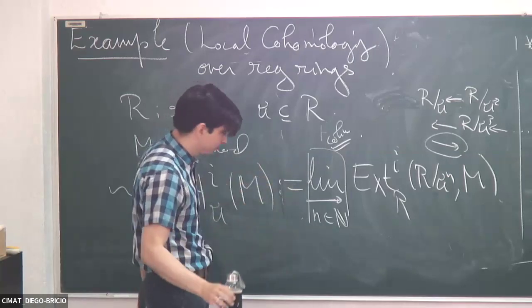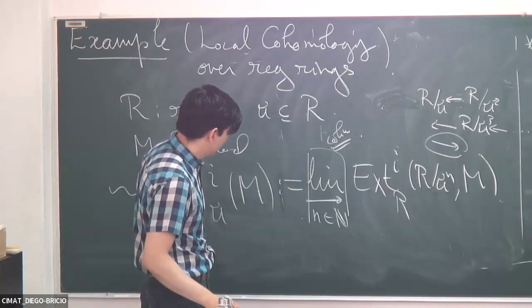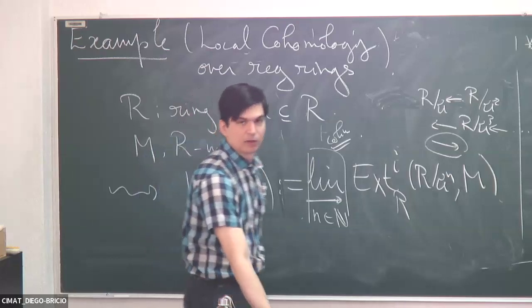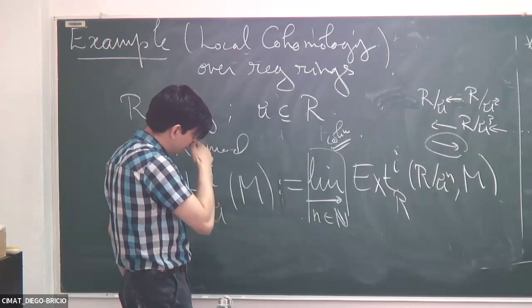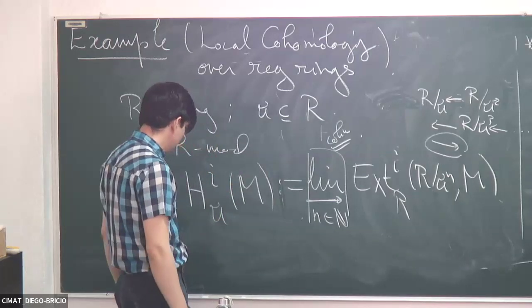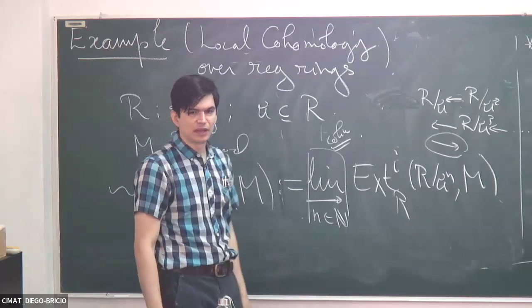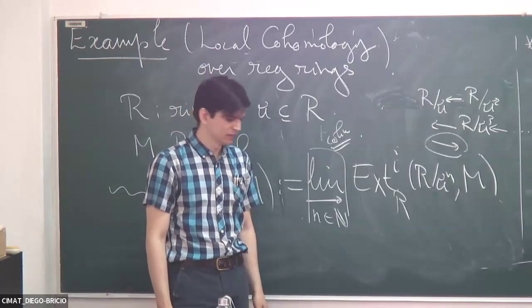Okay, so we had that. However, this can be computed using Frobenius instead. It's something I think we haven't said yet, but we should have.